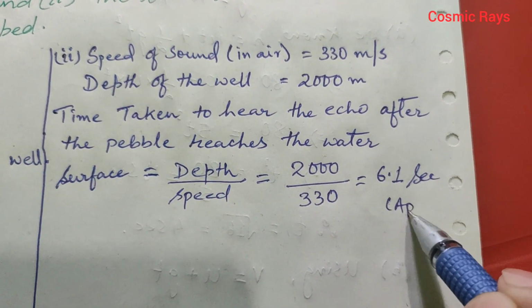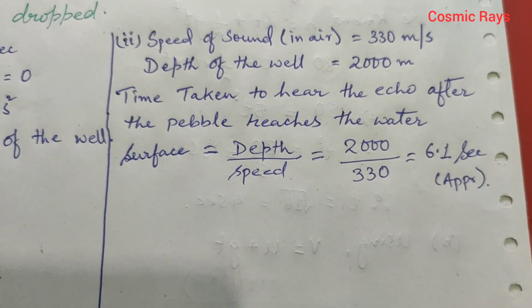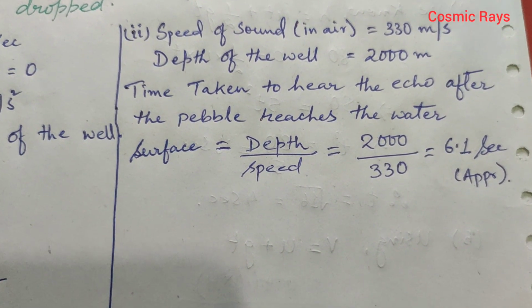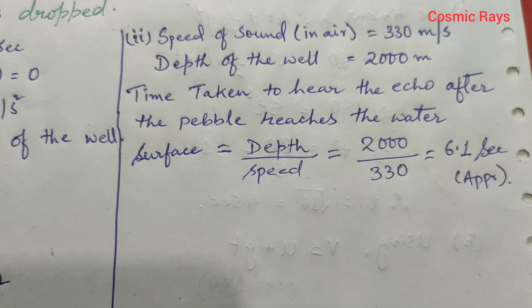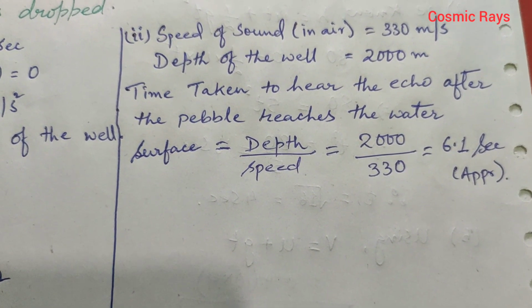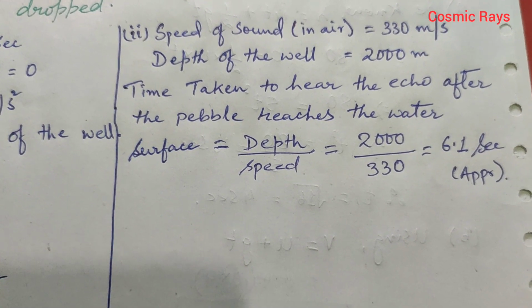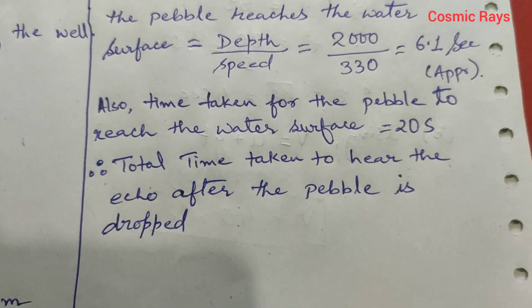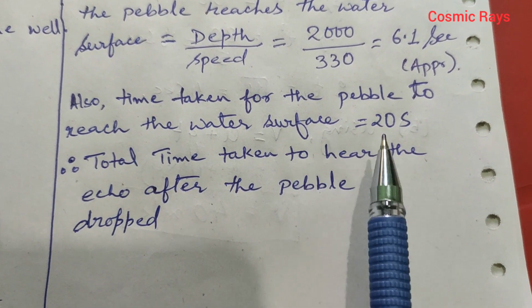Now this time is the time after the pebble has already reached the water surface. Now we have to add the time that the pebble takes to reach the water surface, and that is given in the question as 20 seconds. So we will add that 20 seconds to this 6.1 seconds.